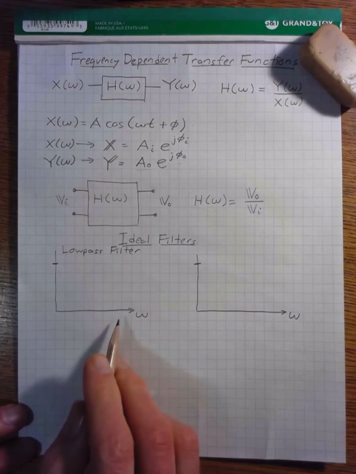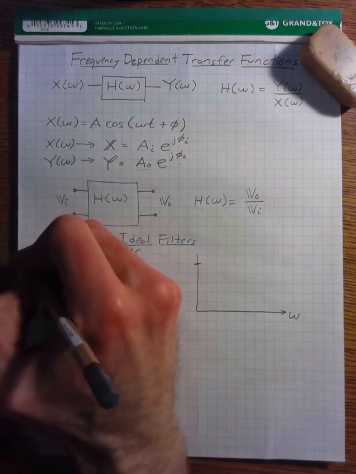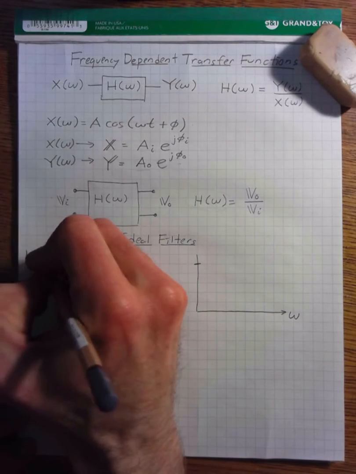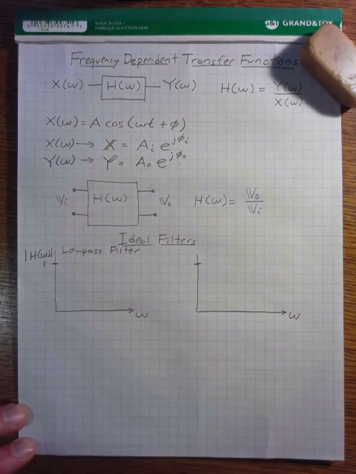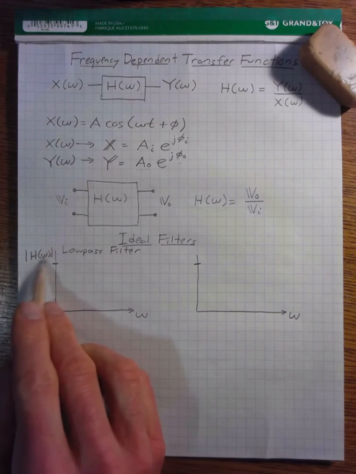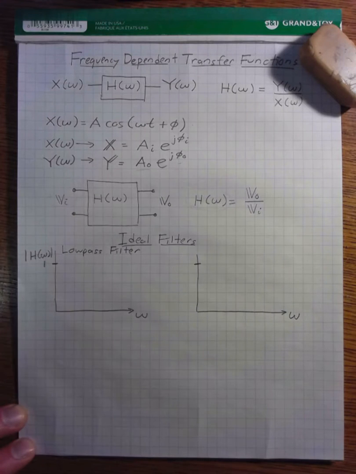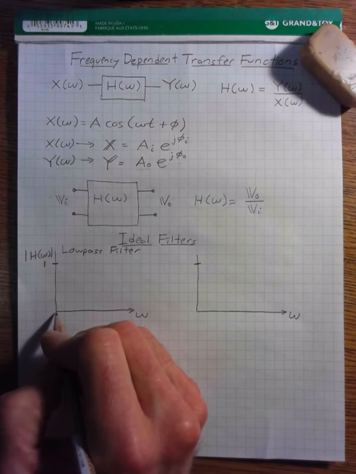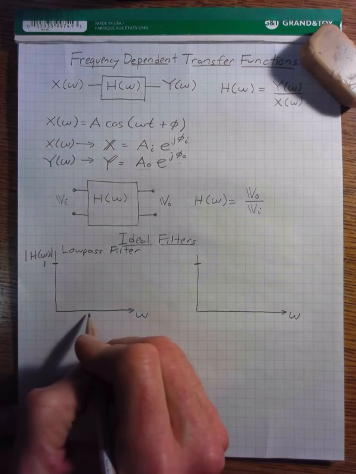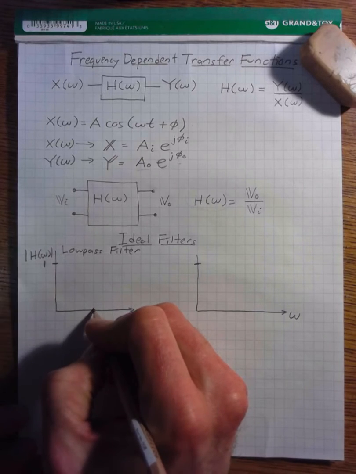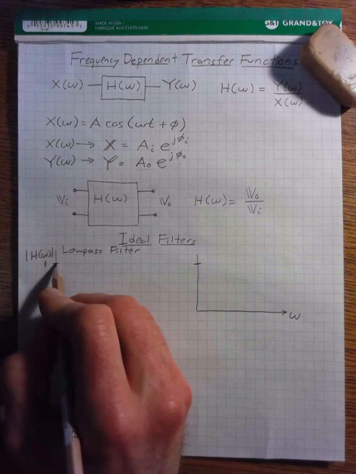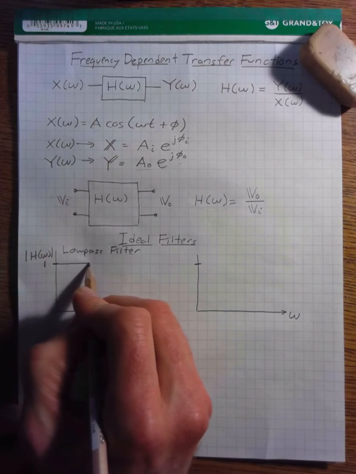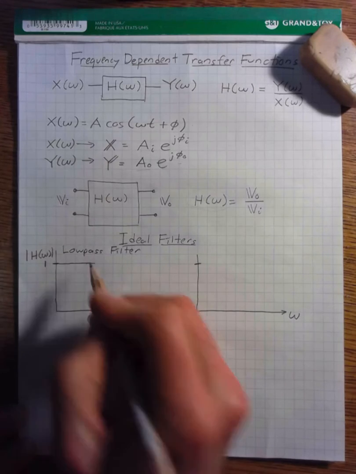And on this graph, I'm going to plot the magnitude of our frequency domain transfer function versus omega, which is the frequency in radians per second. And a low-pass filter, basically for frequencies that start from 0 and go all the way up to some frequency omega c, this low-pass filter will basically allow all of these frequencies to pass through unchanged.